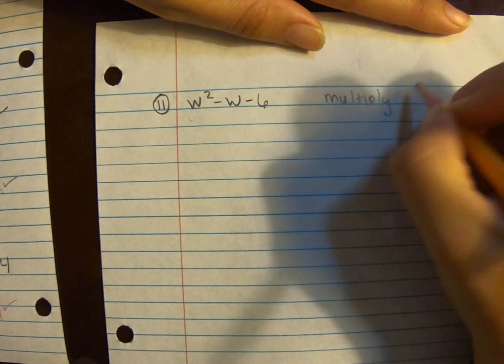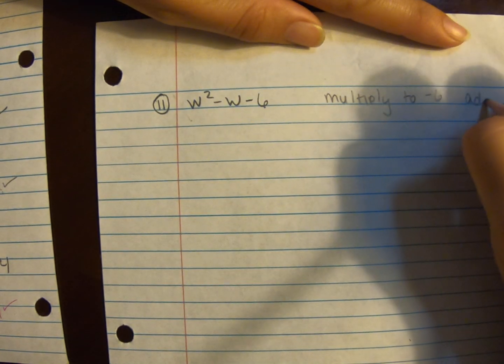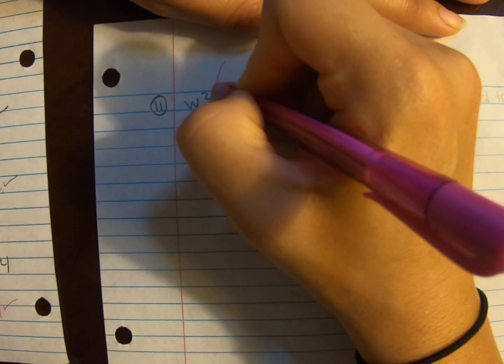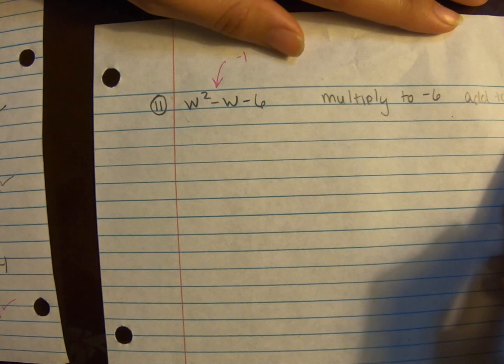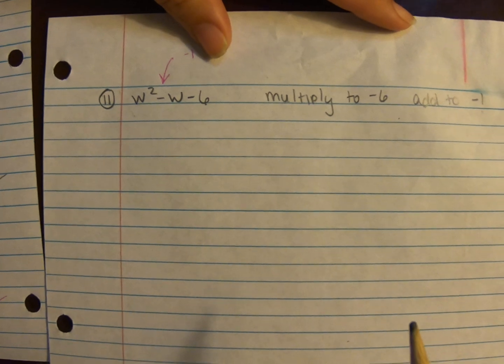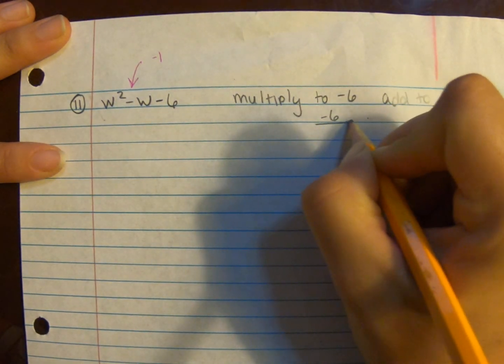What are you multiplying to? We're multiplying to the last number, negative 6. What are we adding to? That is a negative 1 there. So we want to add to negative 1. So we're going to do our little t-chart.